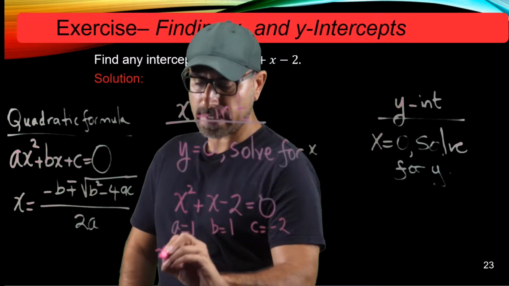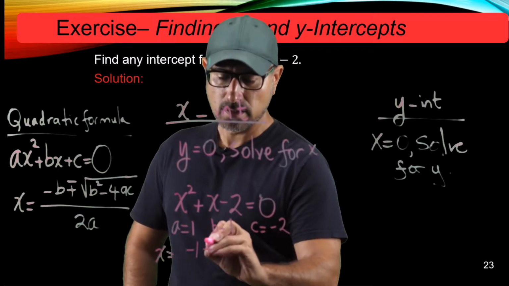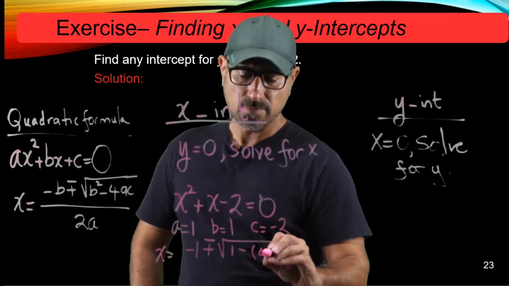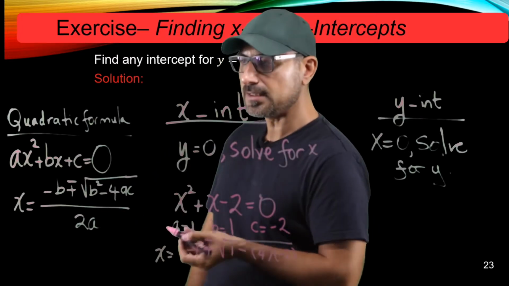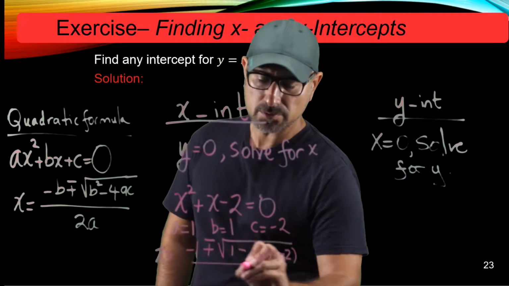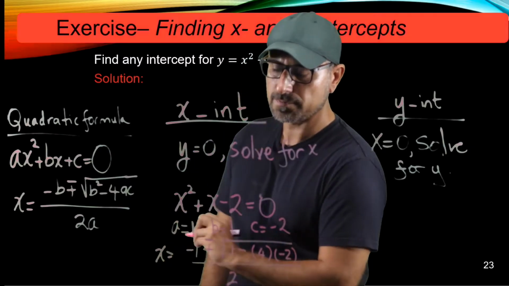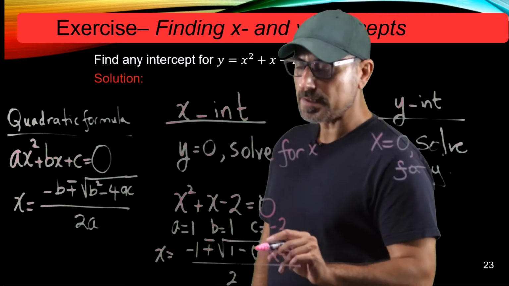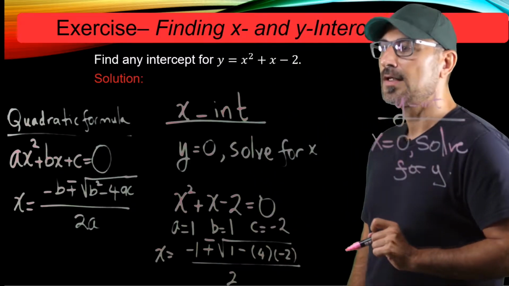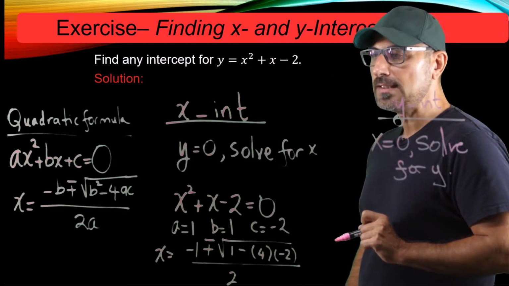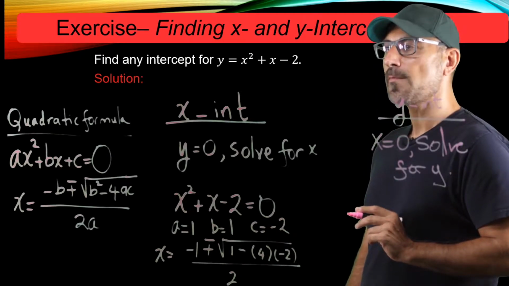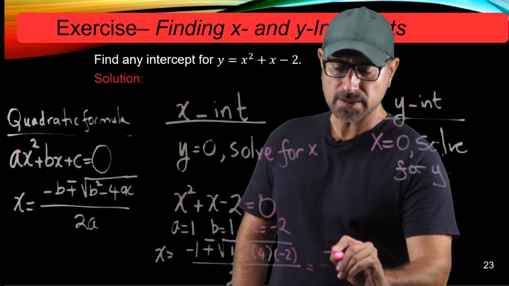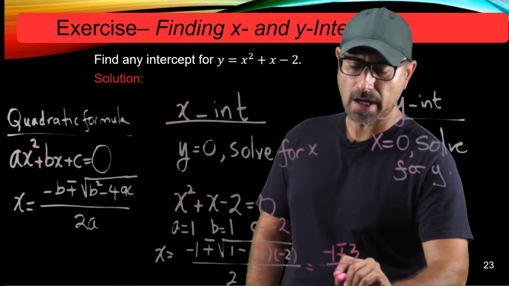So x is equal to minus 1 plus or minus the square root of 1 minus 4 times negative 2, 4ac, where c is negative 2, divided by 2a, and a is 1, so it's 2. As you see, 1 minus 4 times negative 2 is 1 plus 8, and that is radical 9, and you know that that's equal to 3. Okay, so minus 1 plus or minus 3, divided by 2.